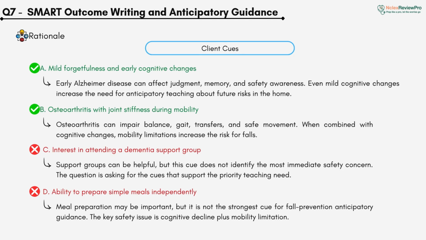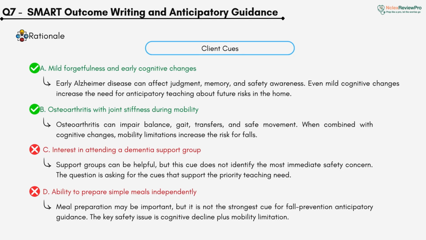Option B, osteoarthritis with joint stiffness during mobility. This is correct. Osteoarthritis can affect balance, gait, transfers, and safe movement. When mobility problems are combined with cognitive changes, the client's fall risk increases.